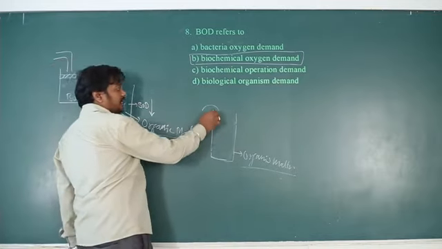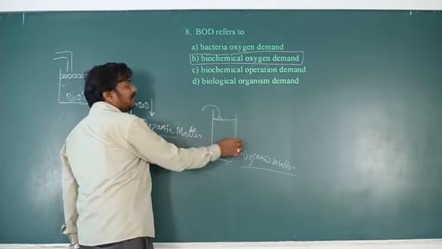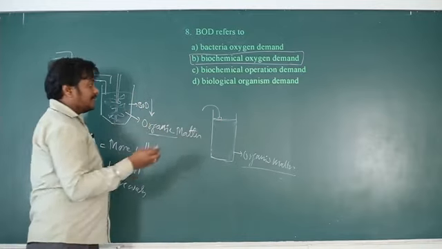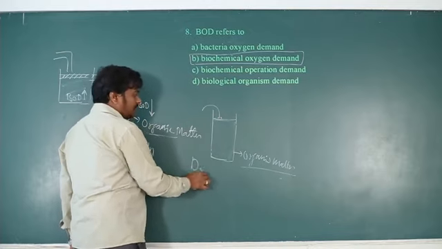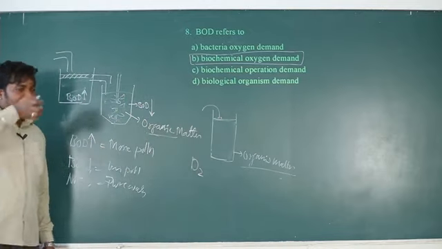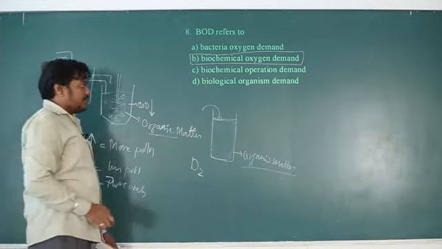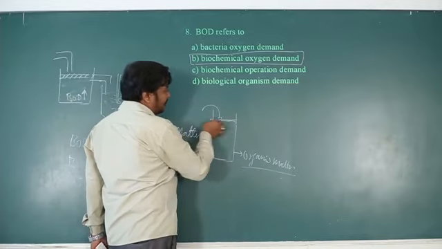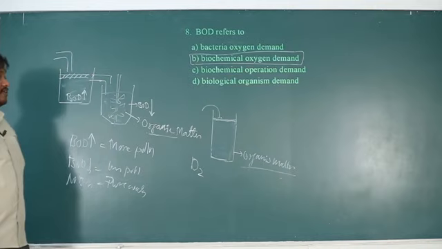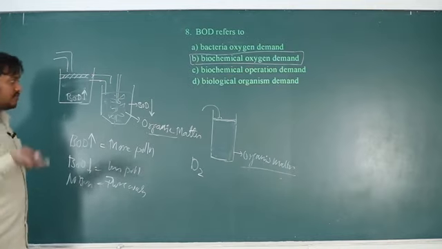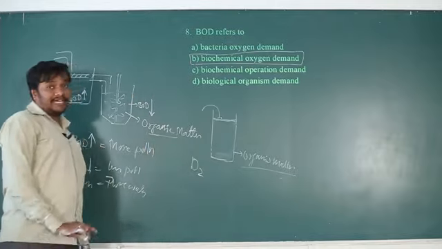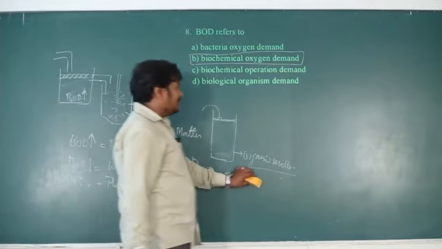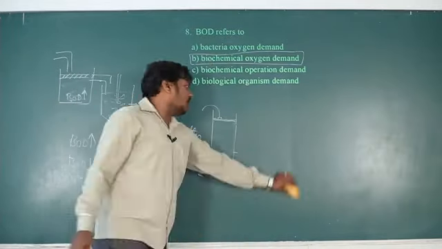They break down all the organic matter and clean the water. For that purpose the bacteria present in this water require oxygen. So they demand oxygen. If we give some amount of oxygen, we can clear the water. They are demanding oxygen. The amount of oxygen required to clean up this water, to free it from organic matter, is nothing but the oxygen demand.